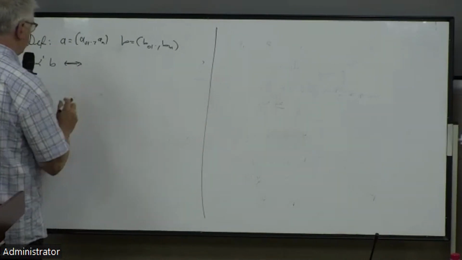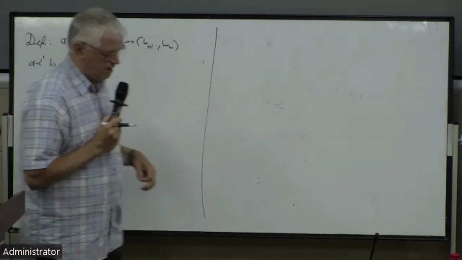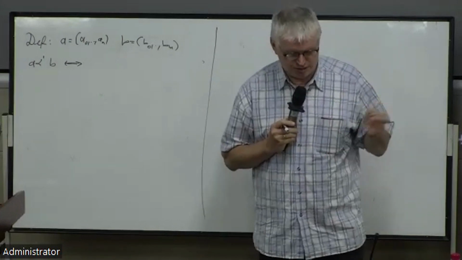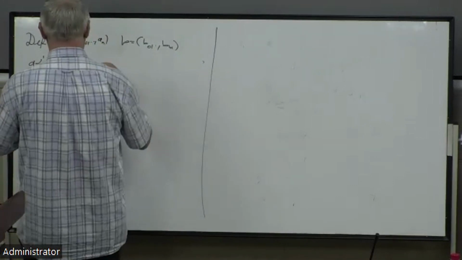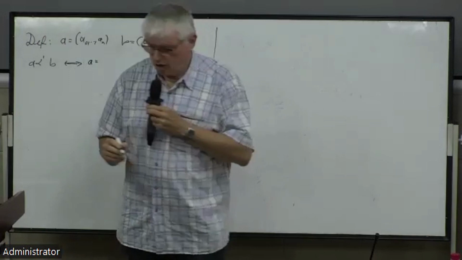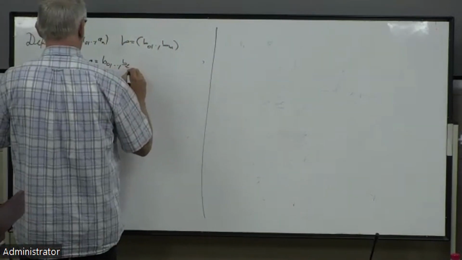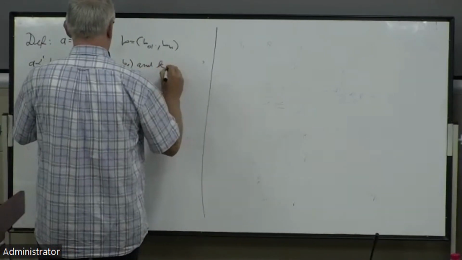There are two cases. So the idea is we want to compare these tuples lexicographically. So one case is the sequence A is a strict subsequence of the sequence B. So A has the form B0 to Bk, and k is strictly smaller than m.